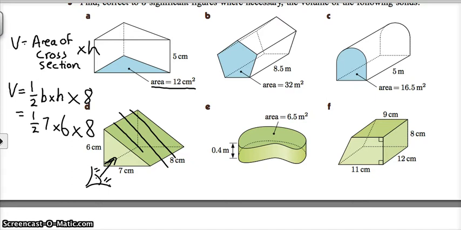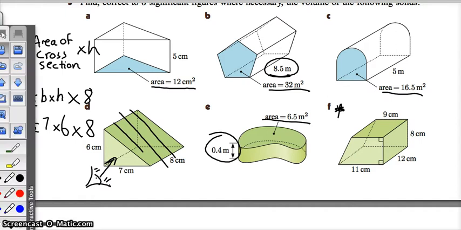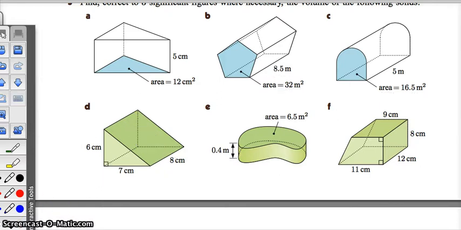This one here attempts to trick you a little bit. You've got to work out where your cross-section is on all occasions. So that one's a bit tricky. But the rest of them, they'll either give you the area for you times by the height, or you've got to work out the cross-section there and move on from there.